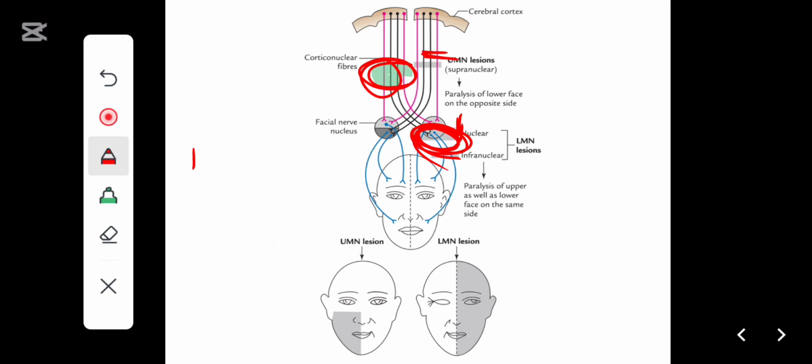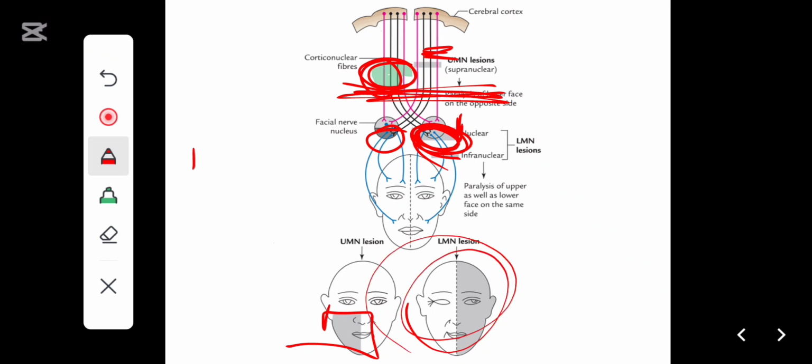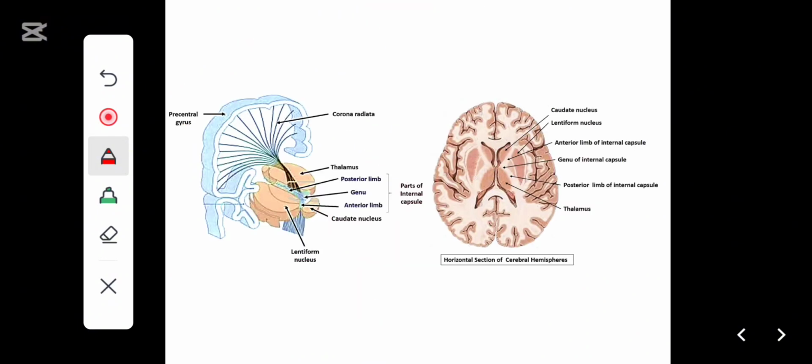Same thing, if you have a lesion on this side, the side that's going to suffer is the bottom part here. But when we have a lesion across like that, then the entire muscle is going to be disturbed.